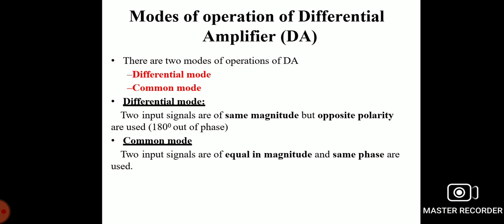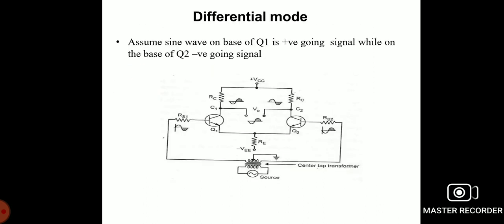Now let us take the first one, the differential mode. We assume the sine wave on the base of Q1 is a positive going signal, while on the base of Q2 it is a negative going signal. That is, one input is positive and the other is negative. Here we see the circuit where we apply the source, a center tap transformer.